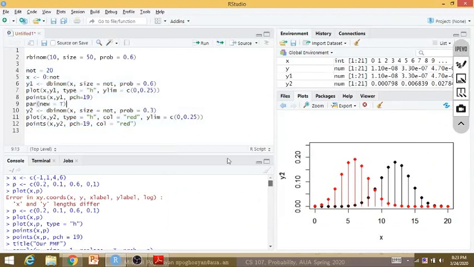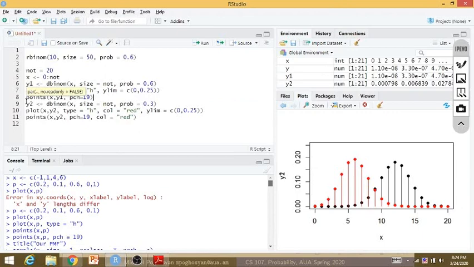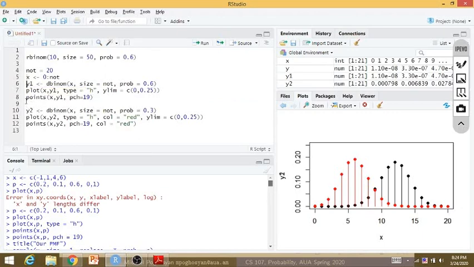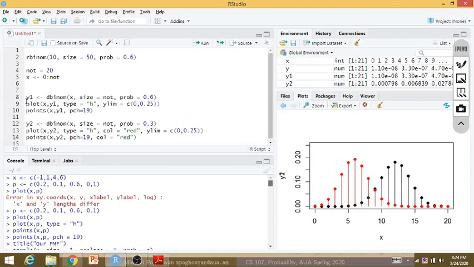Let me do these 2 graphs not on the same graphical screen, but side by side. For doing that, we can do the following. Before plotting, I'm writing par, and I'm writing mfrow, multi-frame row by row, mfrow equal to c(1, 2): 1 row, 2 columns.